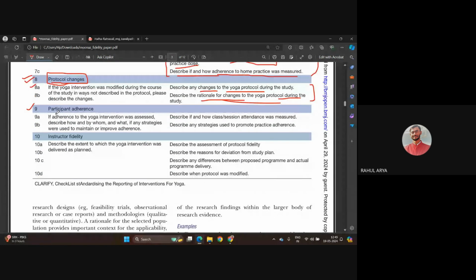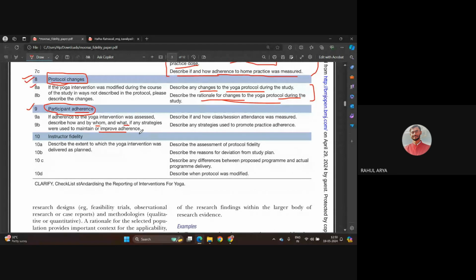Point number 9, participant adherence. Adherence means whether they are following the rules and regulations properly or not. If adherence to the yoga intervention was assessed, describe how and by whom, and what strategies, if any, were used to maintain or improve adherence. Are they practicing properly? In many classes it happens that class is going on and a few students are sleeping.